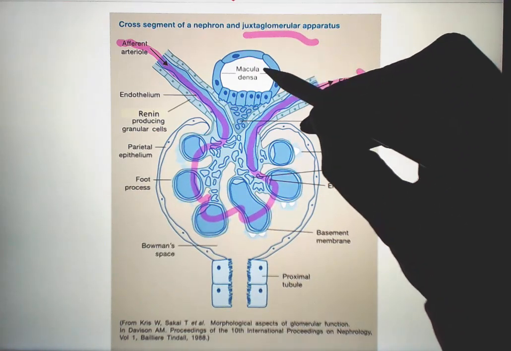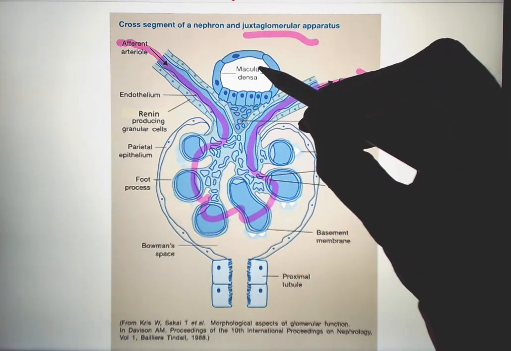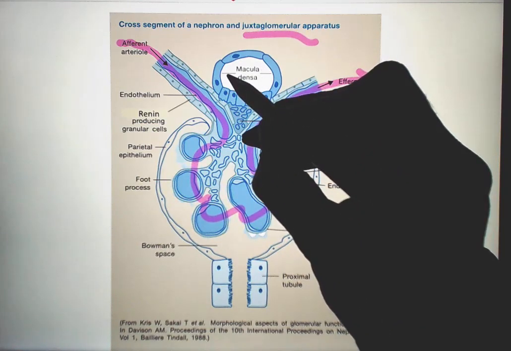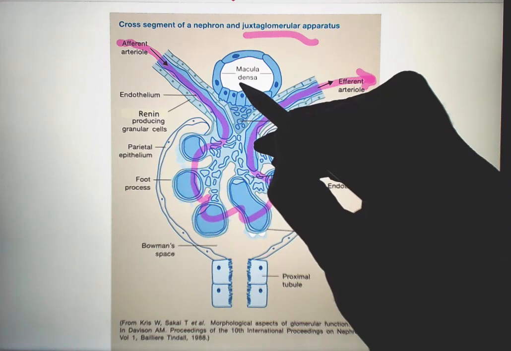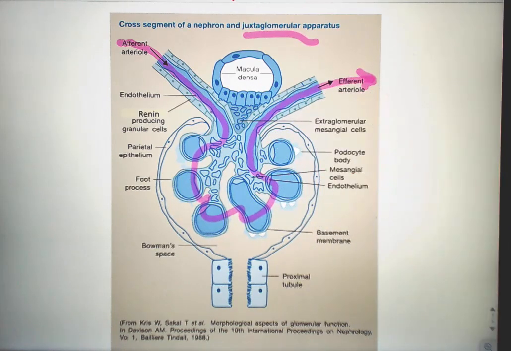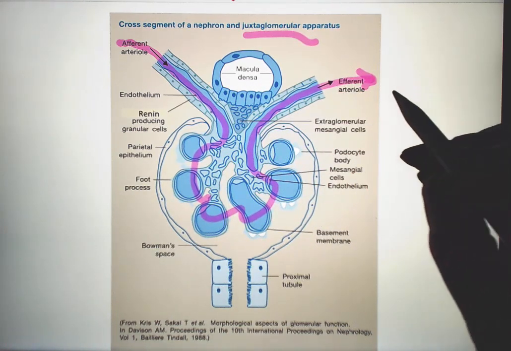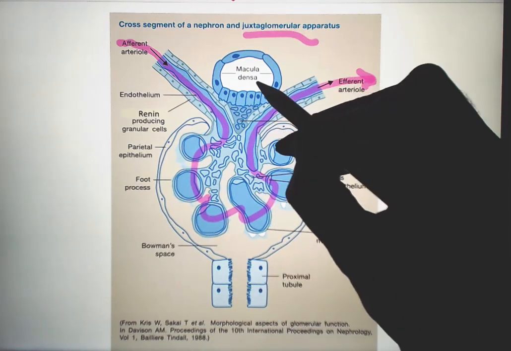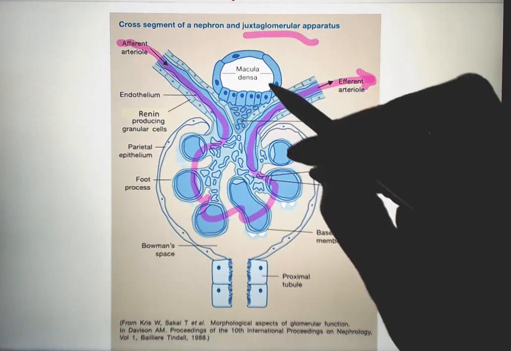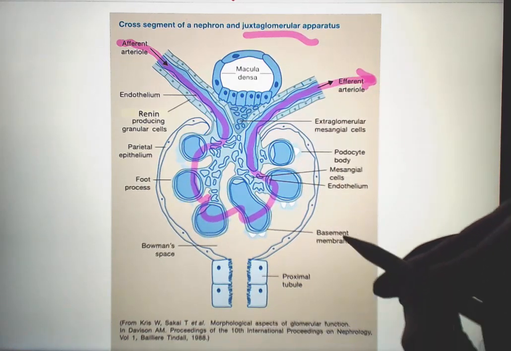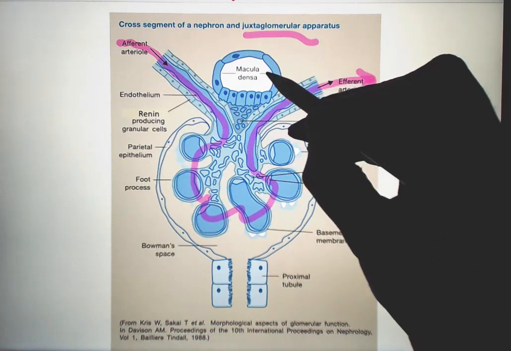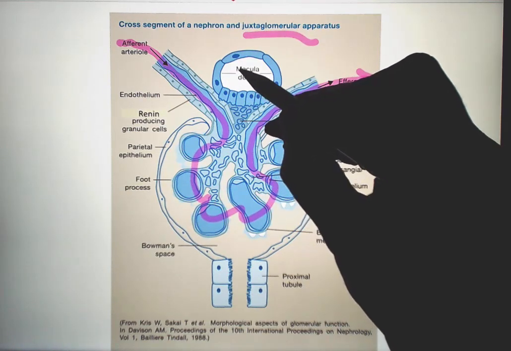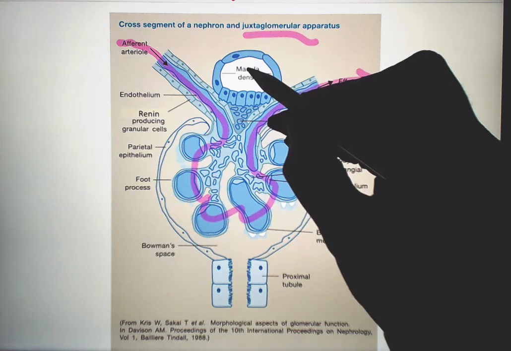By the time the processed filtrate gets to the distal convoluted tubule, in this region of the JGA, it has water, ions, waste molecules, few valuable molecules left.